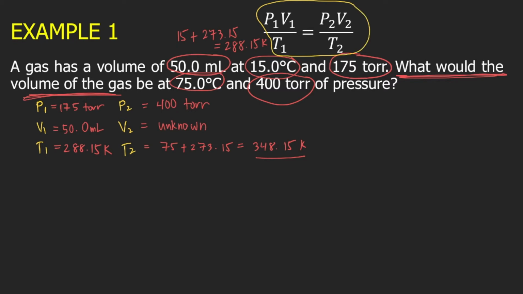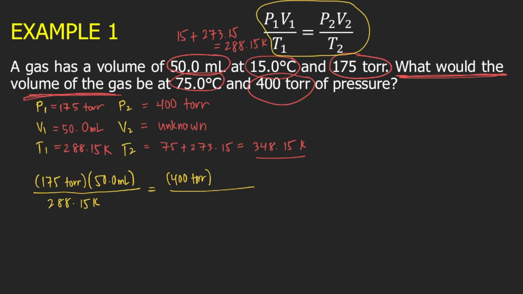So what you need to do is you just plug in the numbers. So let's do that. 175 torr times V1, 50 ml, divided by T1, 288.15 Kelvin, equal to P2, 400 torr.